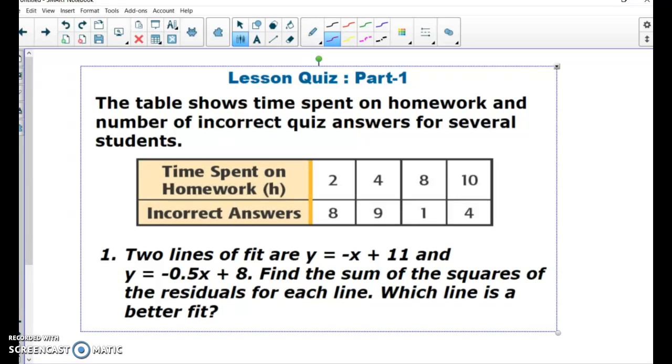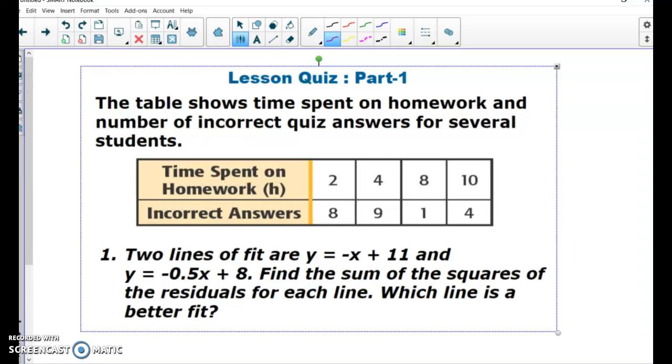As time spent on homework increases, we can see a relative trend. In the first case, it's not so true, but we do have a scatter plot, so we have 9 incorrect answers for that. But as 4 doubles to 8, incorrect answers goes down to 1, and it goes back up to 10. We have roughly 4.